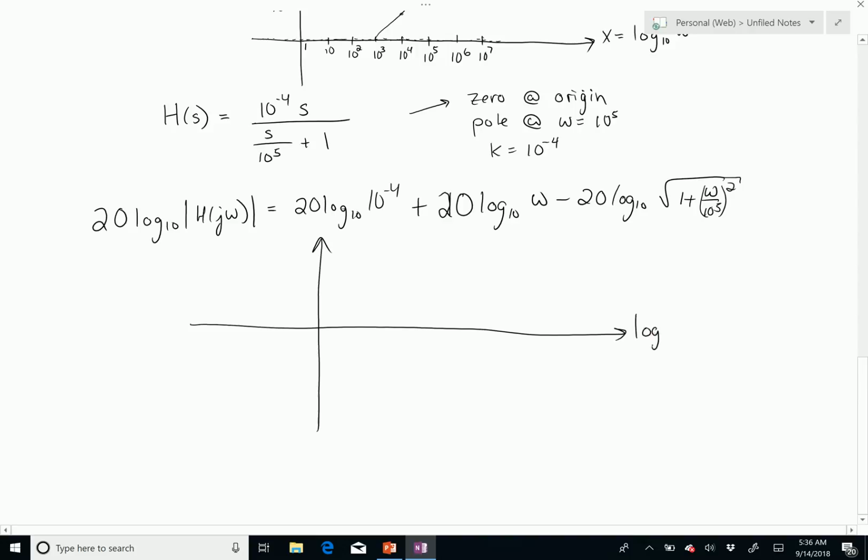All right, log 10 of omega is x. And I have 20 log 10 of H of j omega here. Okay? And I'm going to draw, here's minus 20, minus 40, minus 60, minus 80.